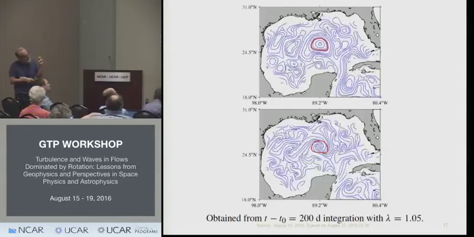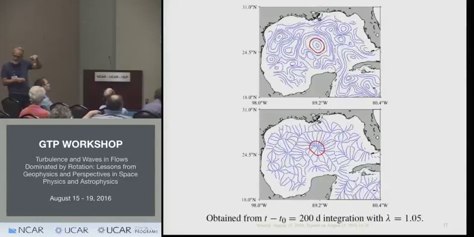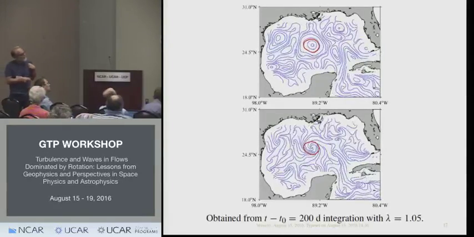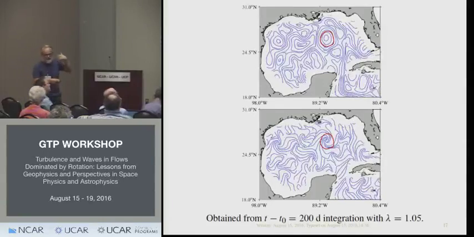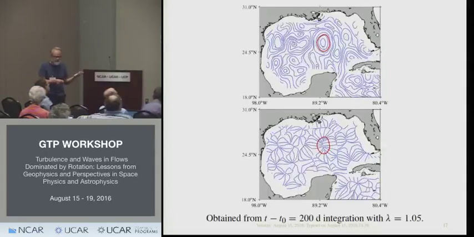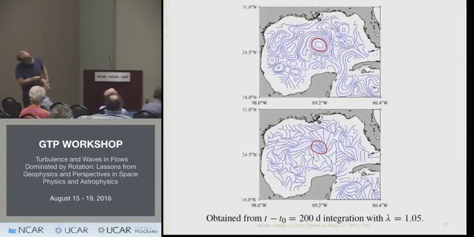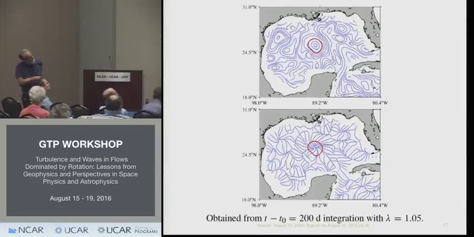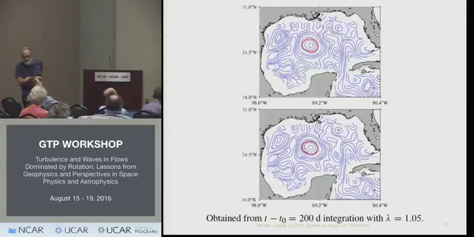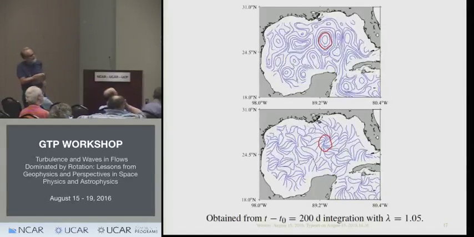So after 200 days, the length of the curve will stretch by this factor. This turned out to be the largest and the longest lived Lagrangian coherent vortex that we could extract from this velocity field. And plotted below is the same thing, but extracted from a frame that is rotating relative to the frame that is attached to the Earth.